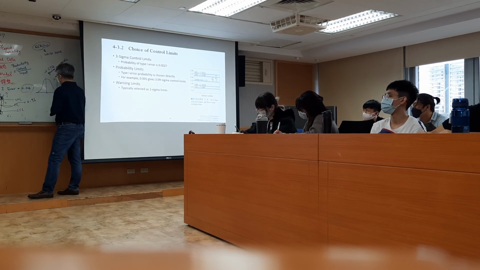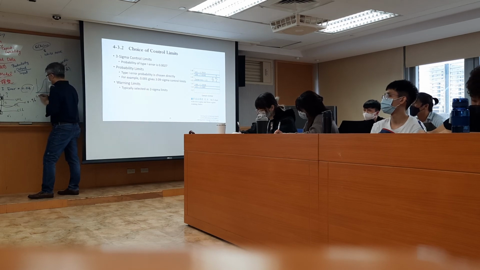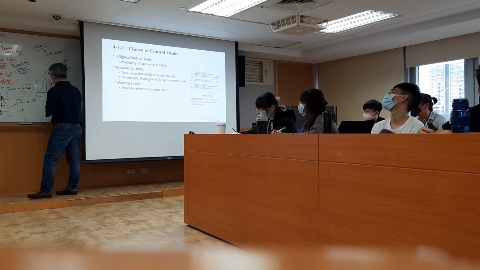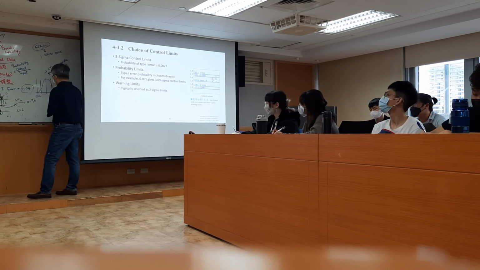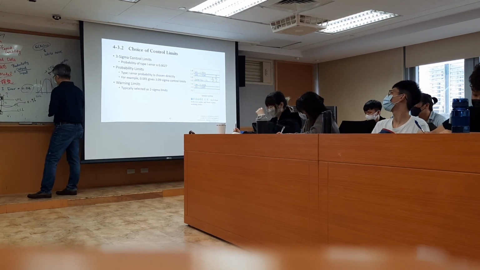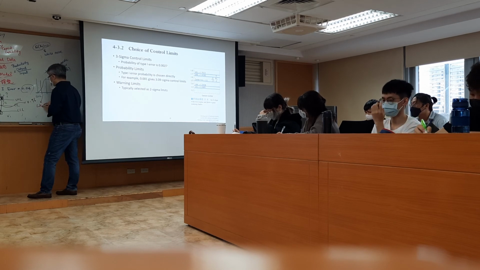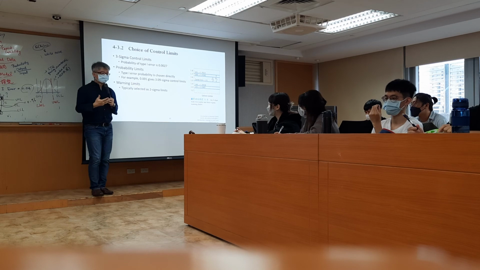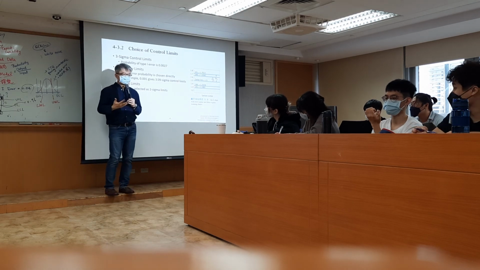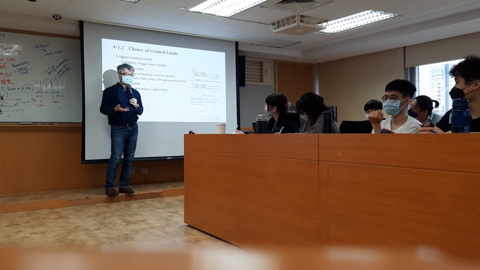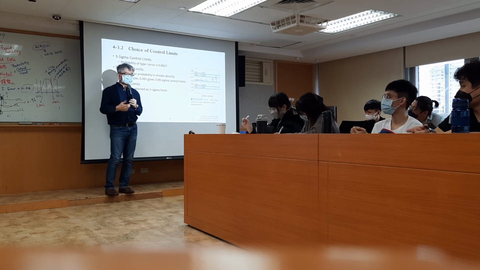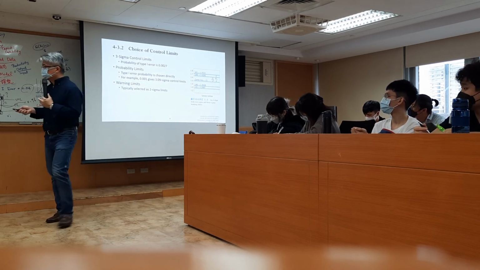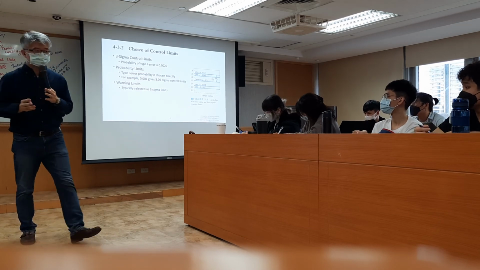This is the upper control limit and the lower control limit. For the warning limit, this is the upper warning limit and this is the lower warning limit. We would rather give an indication of a possibility of being out of control before it really happens. So we use the 2 sigma limit as a warning limit.